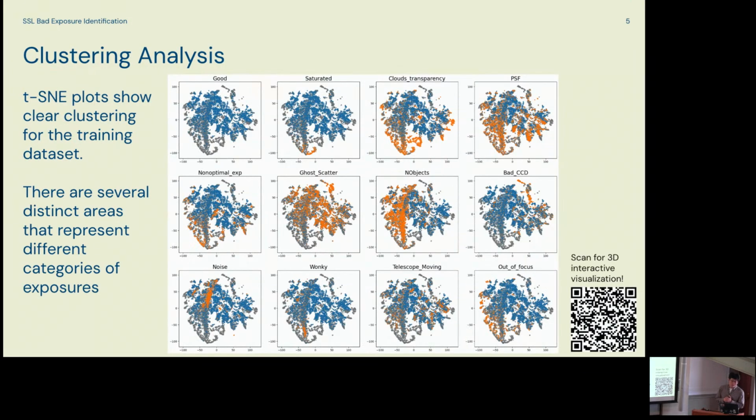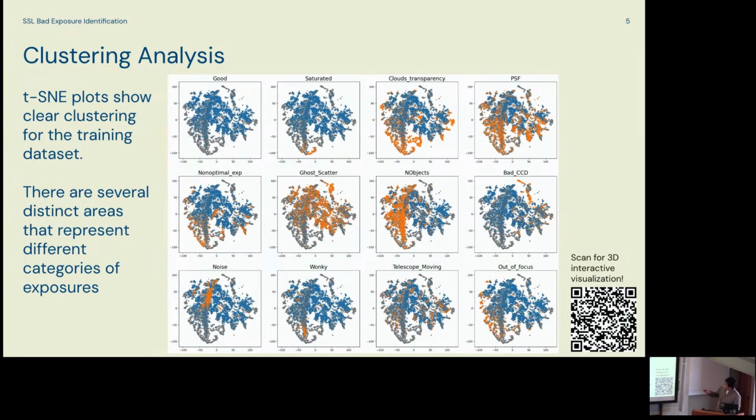For the clustering analysis, what we do is use a PCA analysis to reduce the dimensionality from the original 384 to 15, and then we use t-SNE to further reduce to 2 dimensions. The axes themselves don't really represent anything. It's just used for visualization. Specifically, there are two things we want to get from the plot. First of all, there are some clear clusters that we can see.